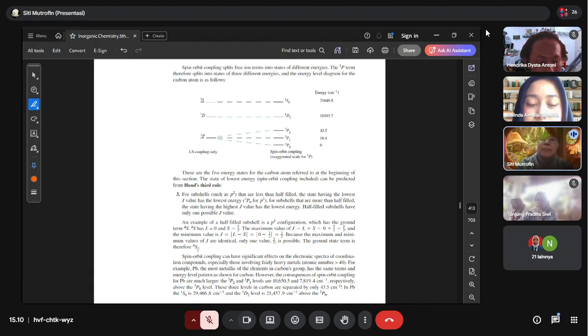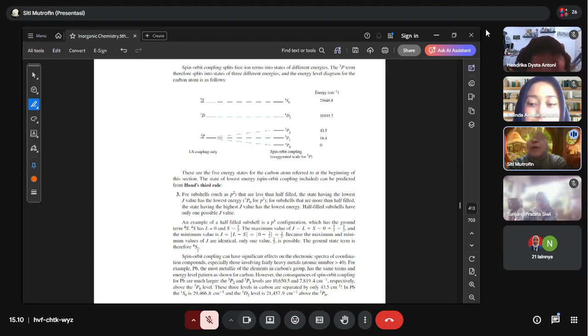Okay, Belinda, let Bu Rovin make a correction. p2, you cannot read as p kuadrat. Here, the number 2 represents the number of electrons, not squared.